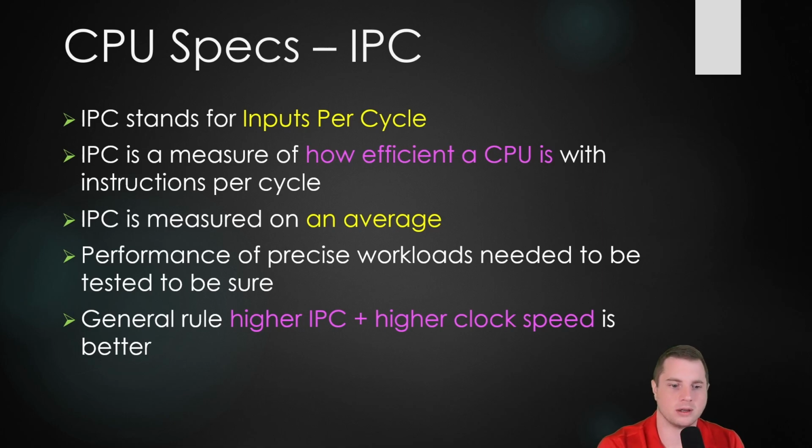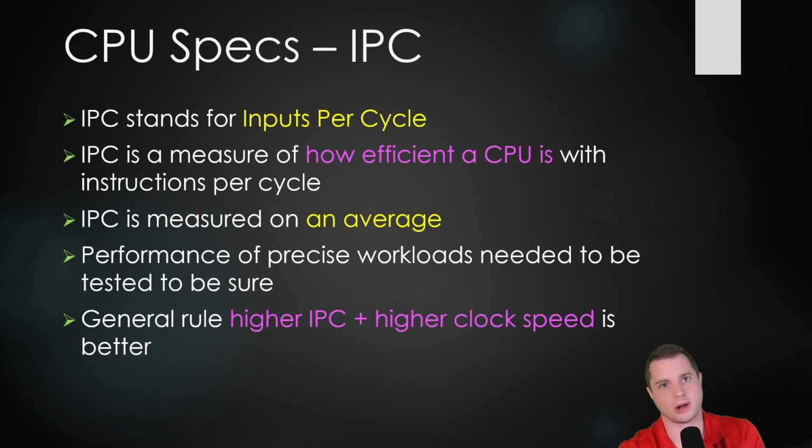Okay, performance of precise workloads needs to be tested. So CPUs, general compute units, the ones that we're used to, they're not very efficient, but they handle everything. So if you want to be extraordinarily efficient at one thing, you can make CPU architectures from the ground up. ASICs are a good example of this for Bitcoin mining.